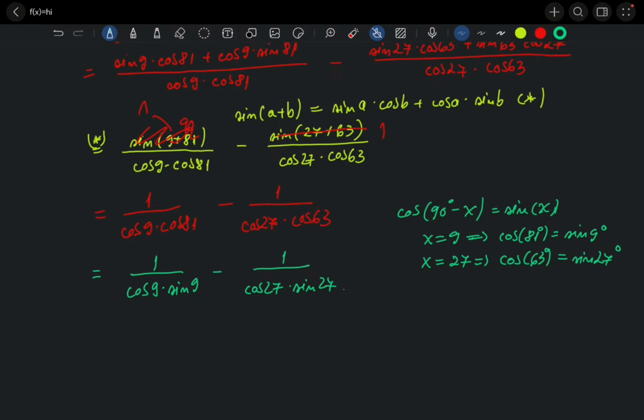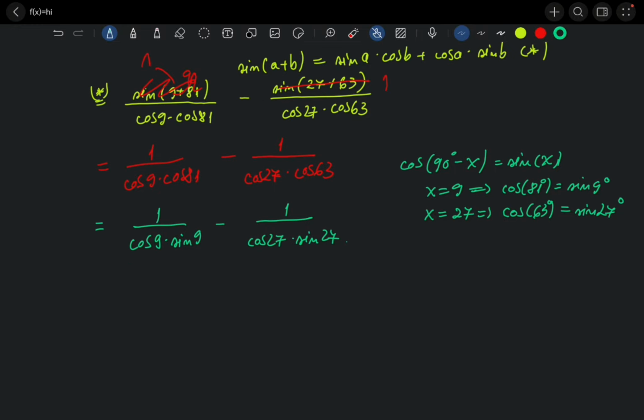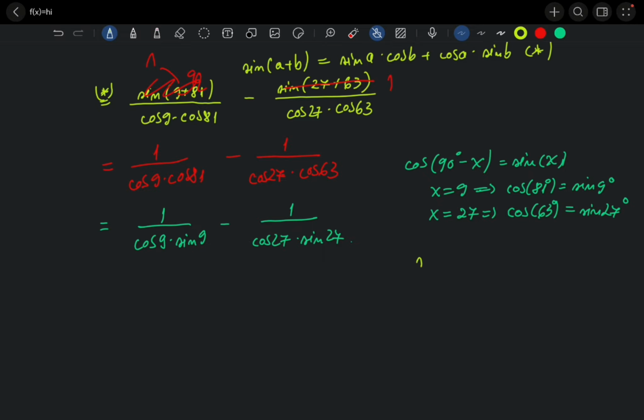Now, this thing from the denominator looks almost exactly like the double angle identity for sine, which tells us that sine of 2x is equal to twice the product of sine of x and cosine of x. Well, to get this in our expression, we have to multiply and divide our equation by 2.